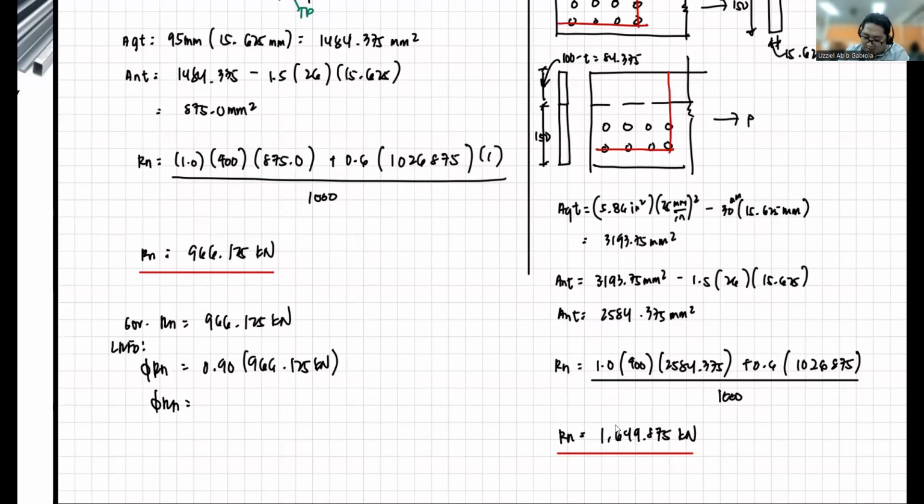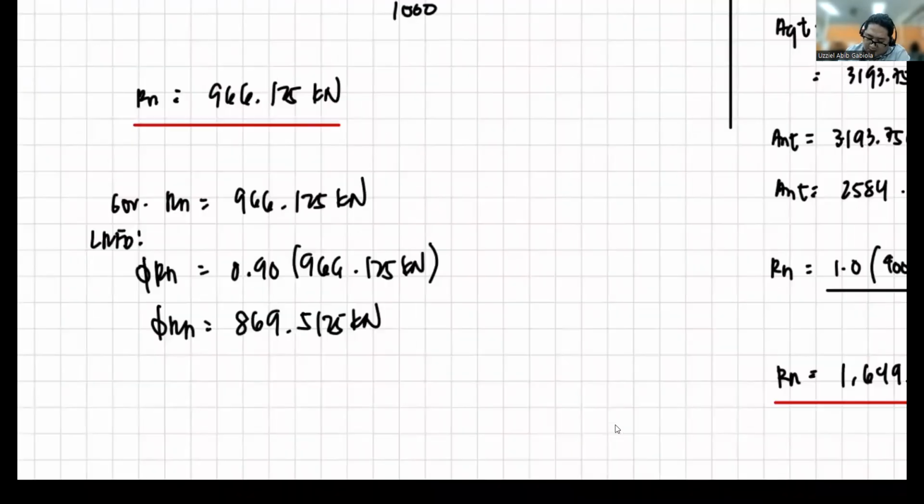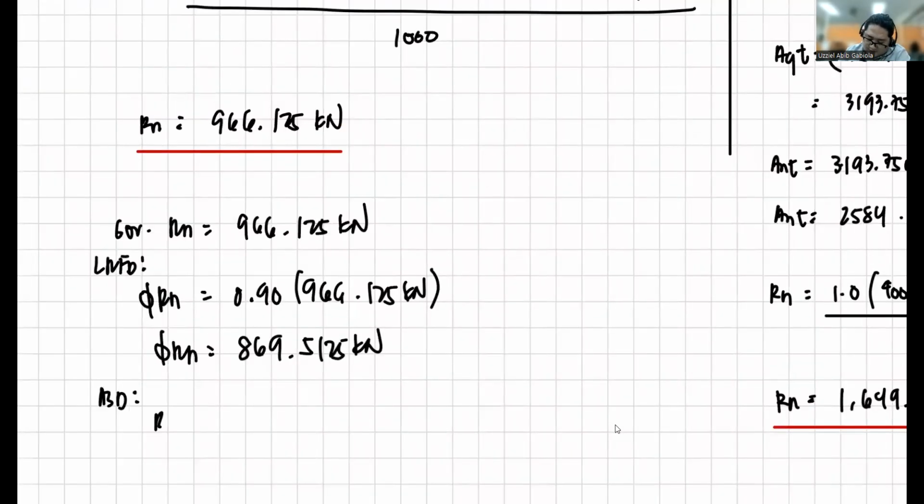That is 869.5125 kilonewton. Then for ASD, gagawin lang natin is Rn divide omega. So that is 966.125 kilonewton divided by omega. Mali, double check. So this should be 0.75, ano? Times 0.75.